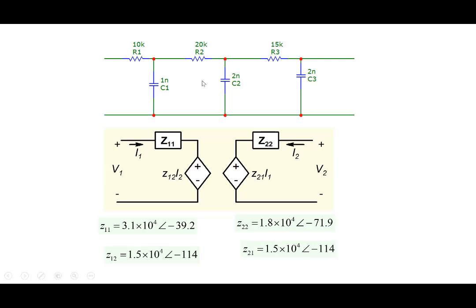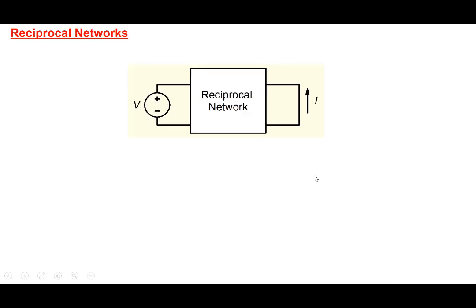And note that for this particular circuit, Z12 is nothing but the same as Z21. In circuits like that, in general, if you don't have any dependent source in a piece of circuit, you will always find that Z21 is equal to Z12. And such networks are called reciprocal networks.